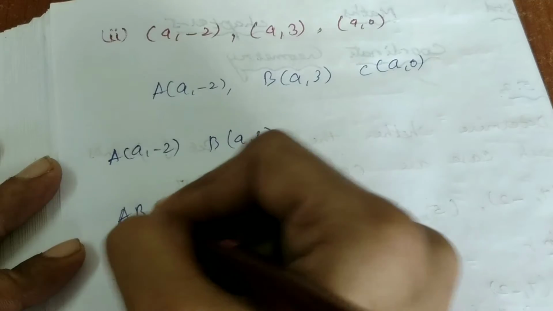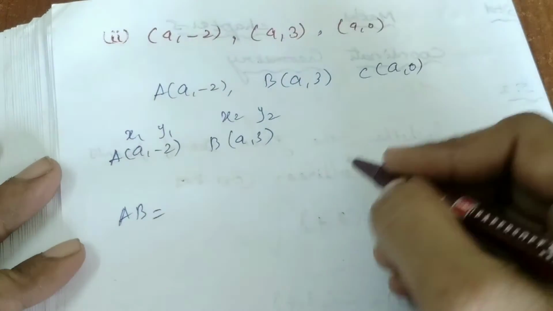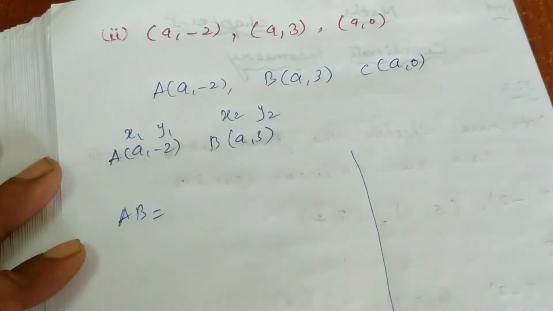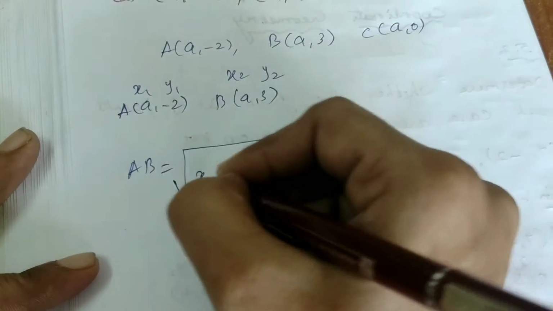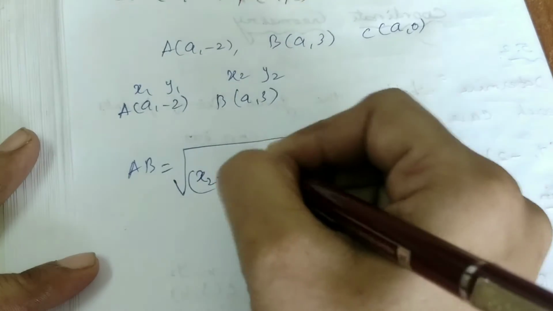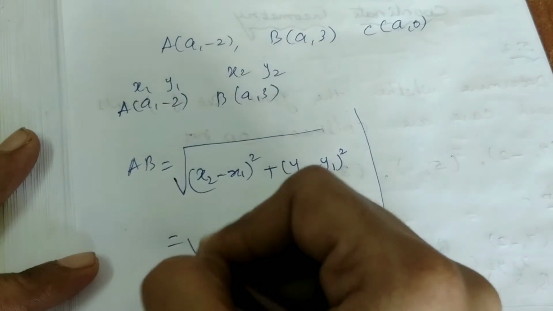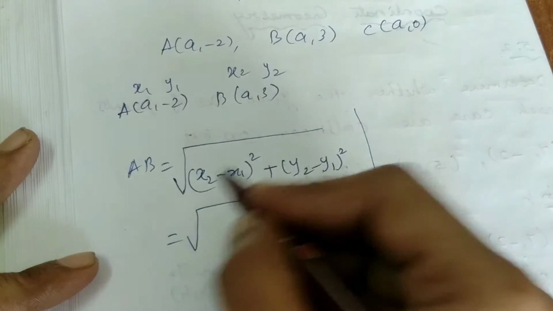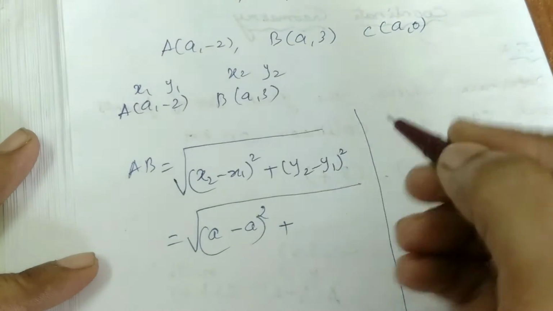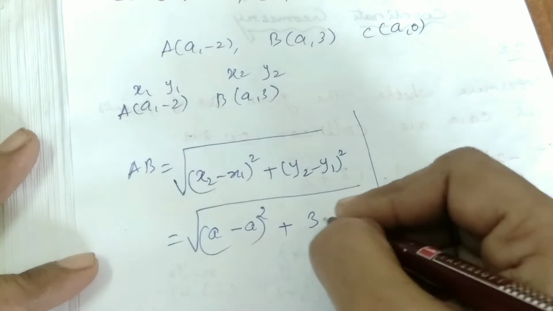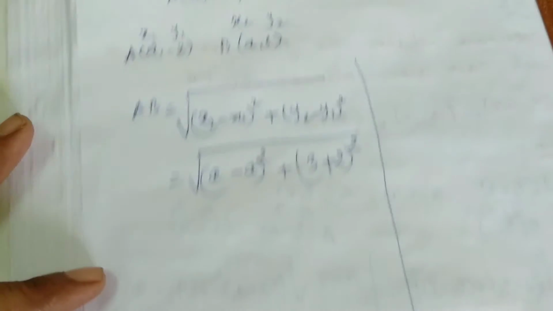So for our AB distance, take this as x1 y1, this as x2 y2. AB distance is square root of x2 minus x1 the whole square plus y2 minus y1 the whole square, equal to square root of x2 is nothing but A minus A the whole square plus y2 is 3, 3 minus of minus 2 means plus 2, so the whole square.